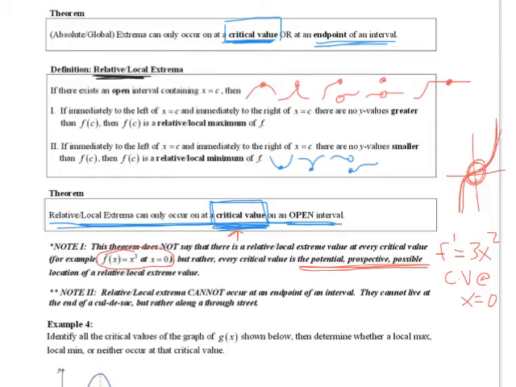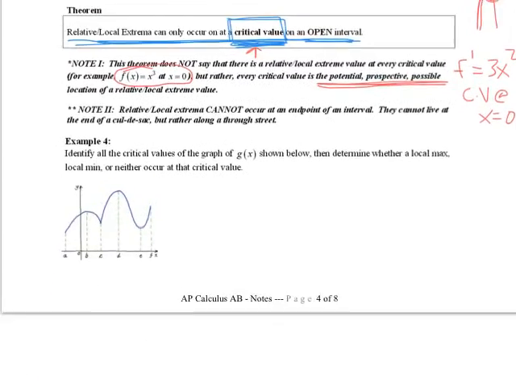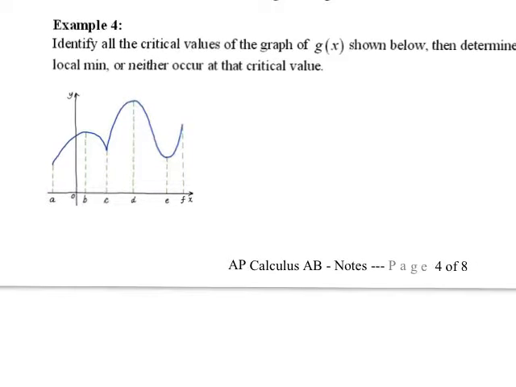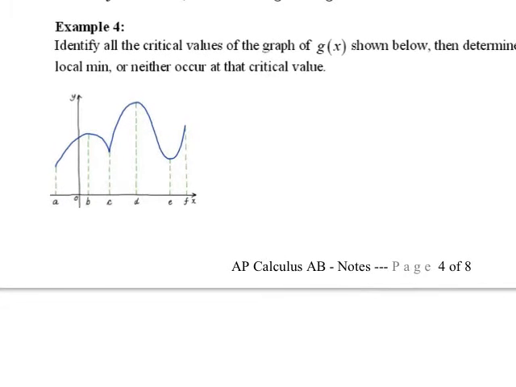So let's take a look at a curve that we've looked at earlier and identify all the critical values. First off, we have an endpoint at a, and at this point f prime of a does not exist. So we have a critical value at a.